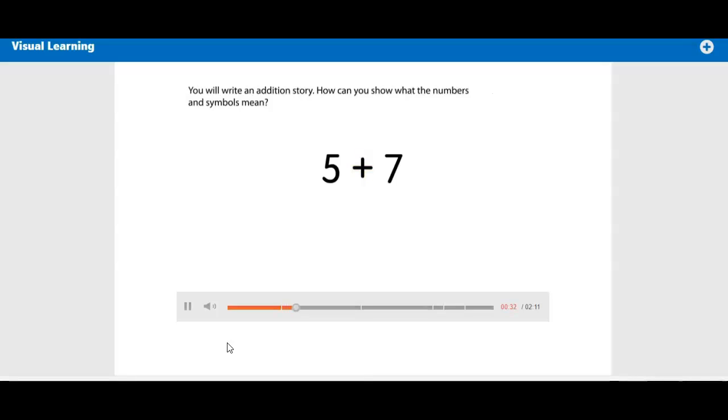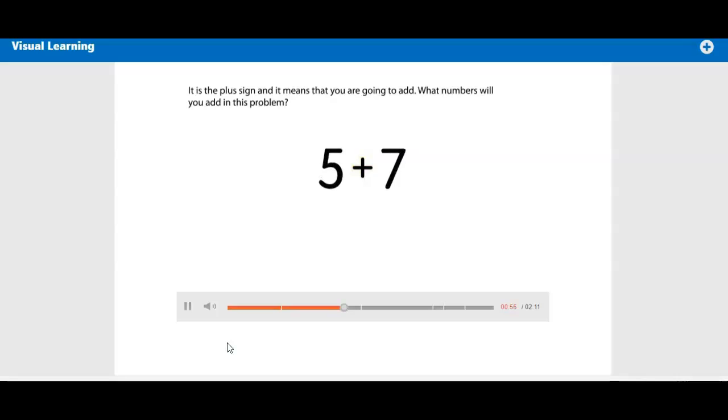How can you show what the numbers and symbols mean? Think about what 5, 7, and the symbol mean in the problem. You can use that to write a story. What does the symbol mean? It is the plus sign, and it means that you are going to add.